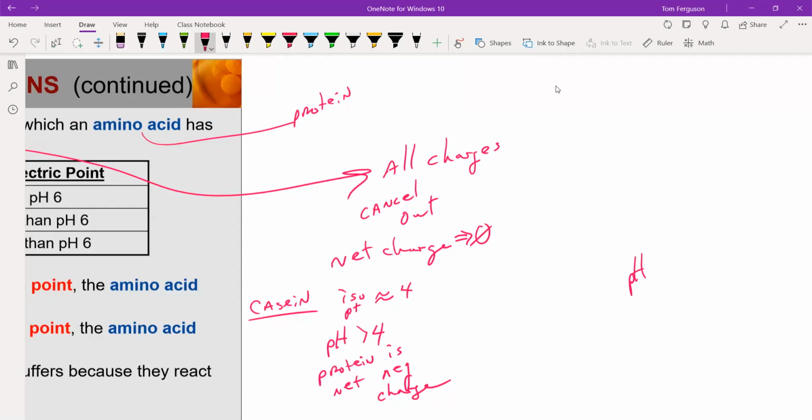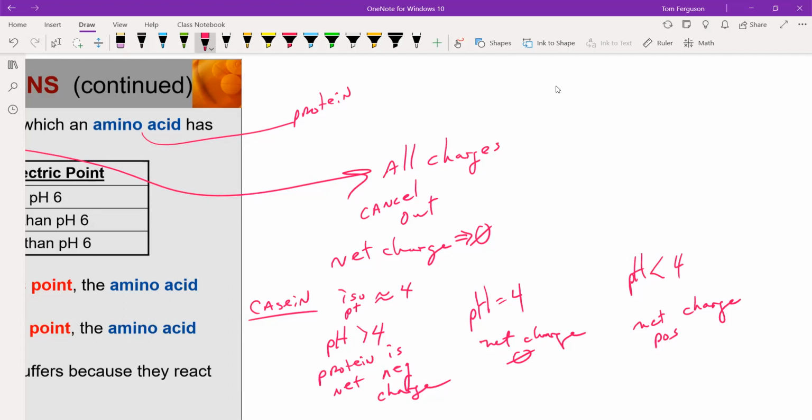If we have a pH of less than 4, that charge is positive. And at a pH of 4, the net charge is 0.